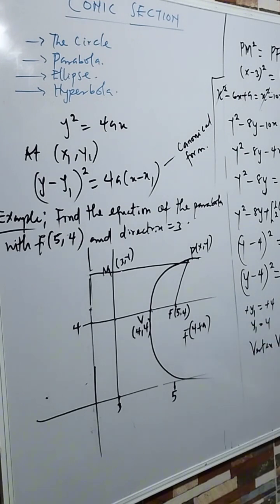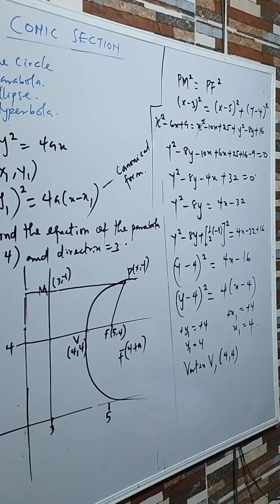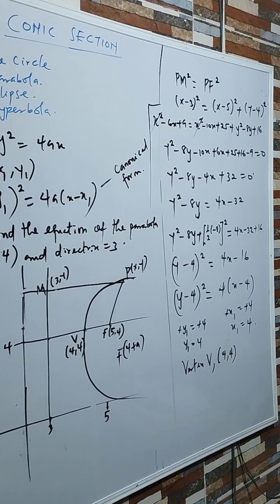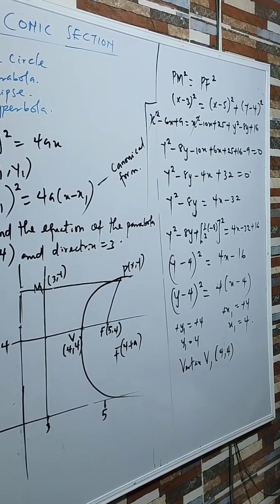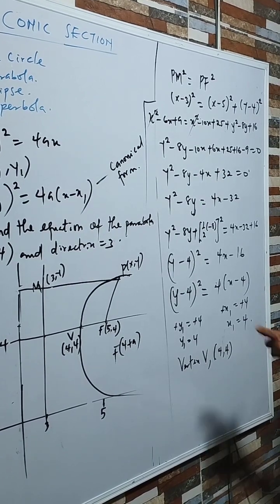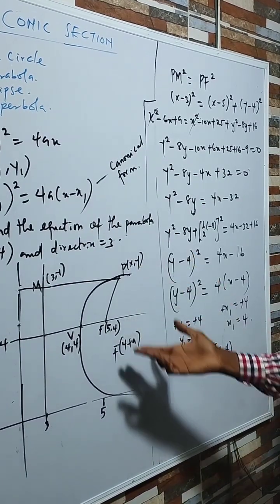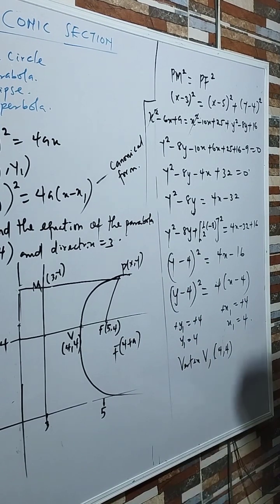So as far as this question is concerned, let's also look at other examples. Like I said, we have this vertex to be 4, and I was trying to tell you that you can go ahead and know why this is 5. The reason is not far-fetched.